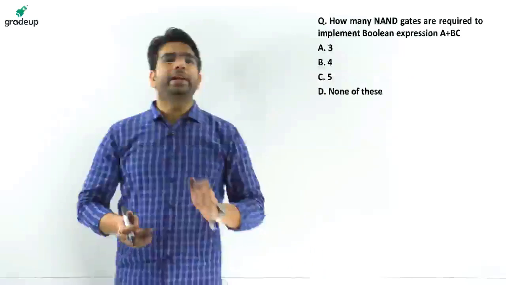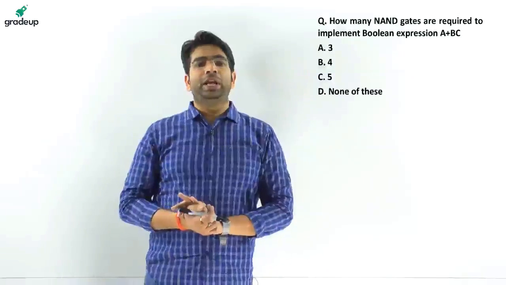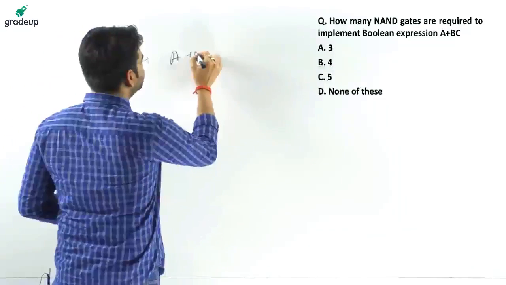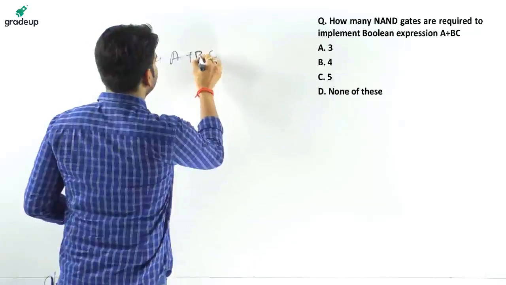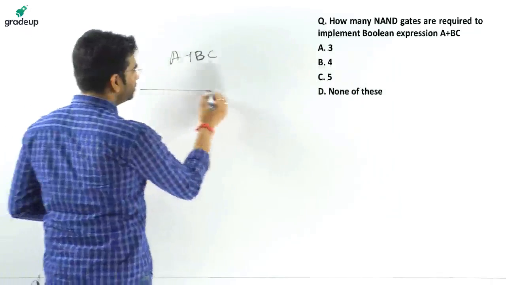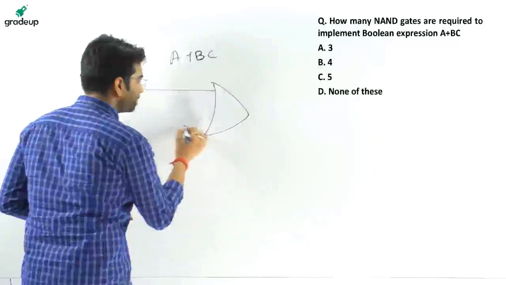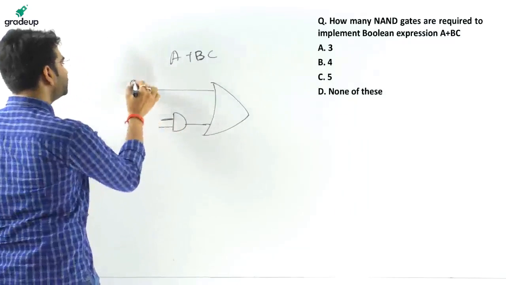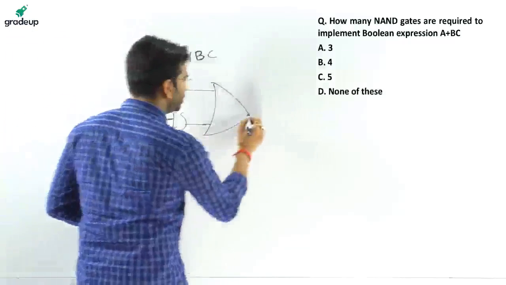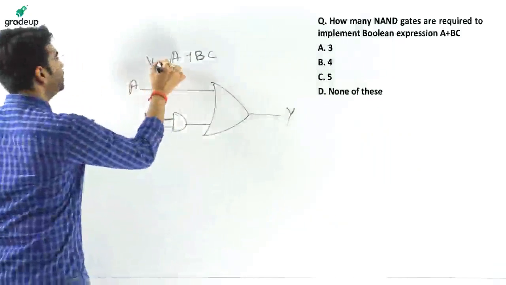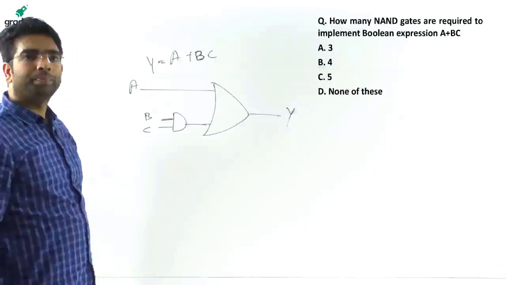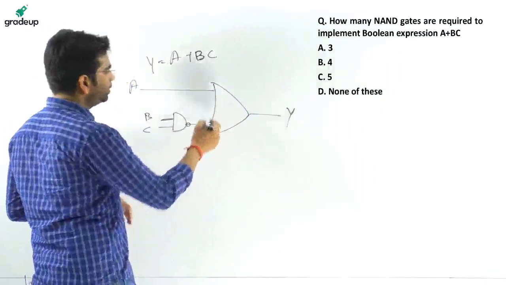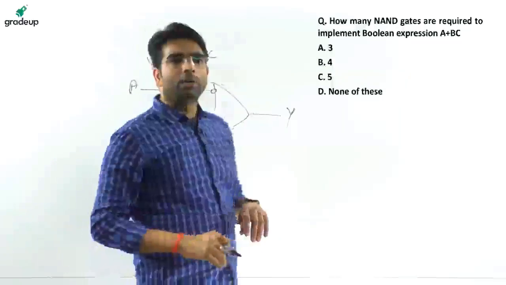How many NAND gates are required to implement the Boolean expression A plus BC? It is the logic expression that is given. Tell me friends, I want answers. Yes, it is Y. A NOT gate, bubbled, how much? 4.